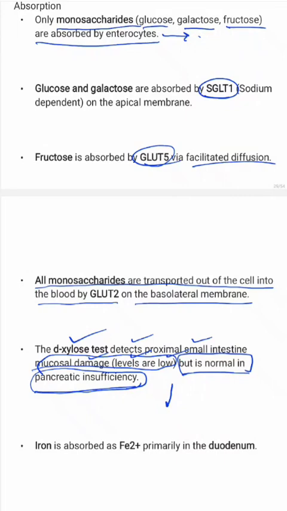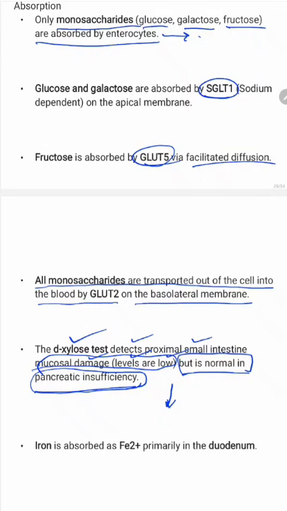And we usually use this D-xylose test in those who are having trouble in absorption, who we think may be having malabsorption. Okay, so this test is used to find out the cause of malabsorption.